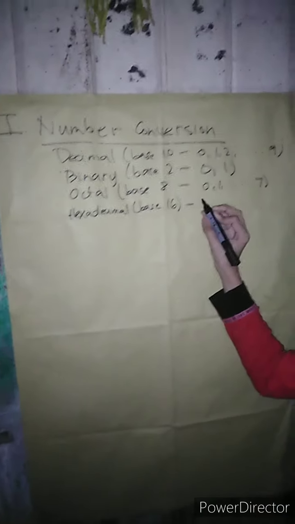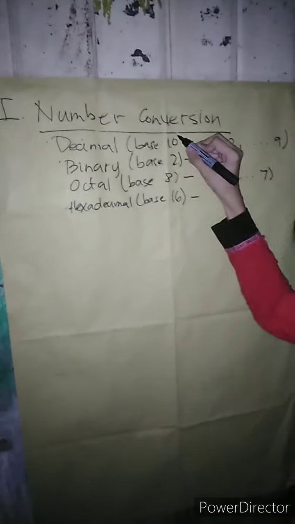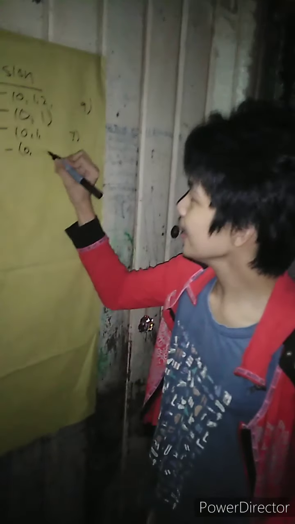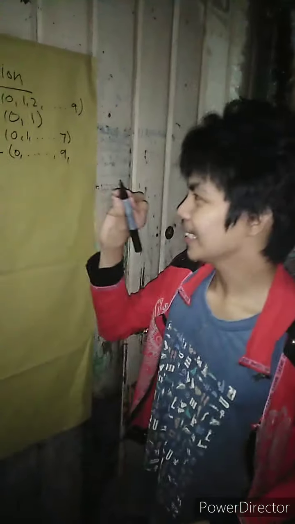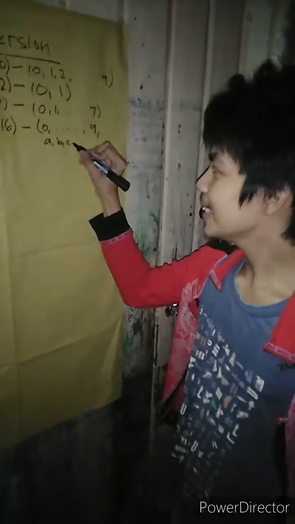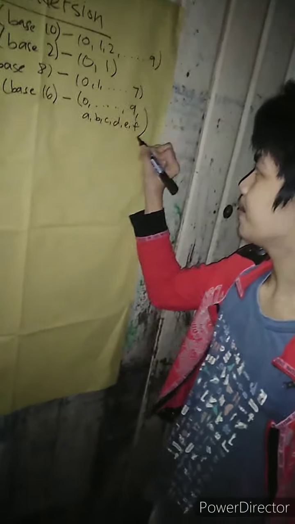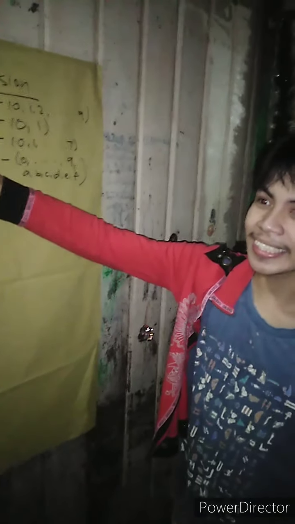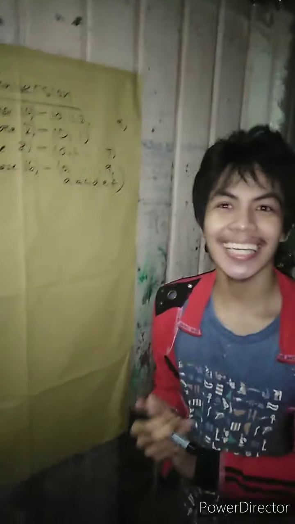In particular, it is on the base 16, having the well-known decimal digits 0 to 9, including 6 other digits, A, B, C, D, E, and F. Nasanay tayo sa algebra na ito ay variables, but in this number conversion, it is considered as digits. Kumbaga, number din sila.